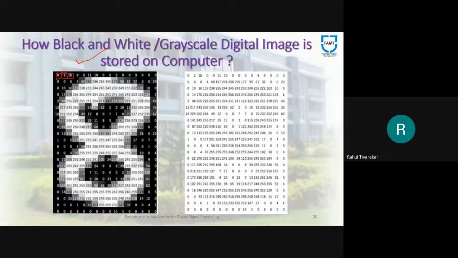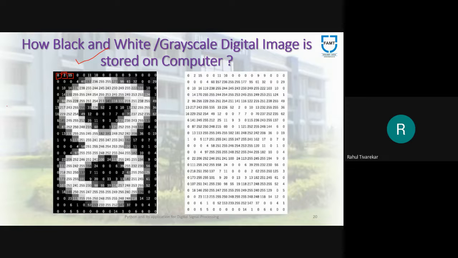In an image, if I ask you what the smallest element is, your answer should be that the pixel is the smallest element. Each individual number here represents a pixel. This 0 is a pixel, this 2 is a pixel, 15 is a pixel, and that number represents the value of that pixel.